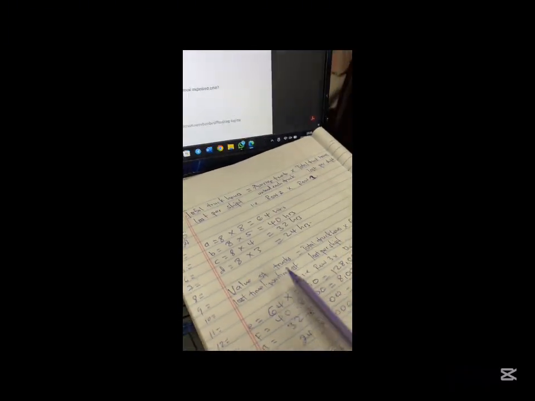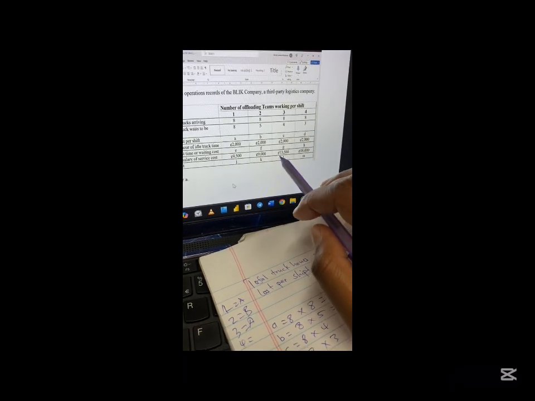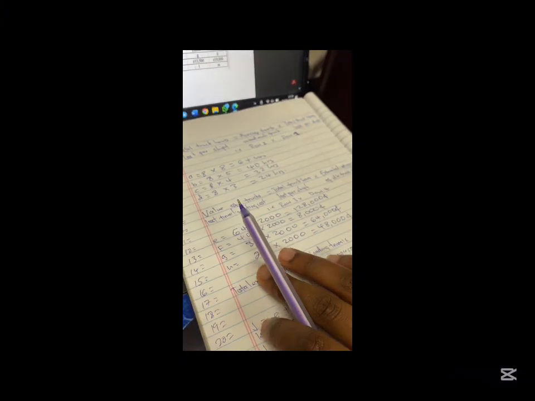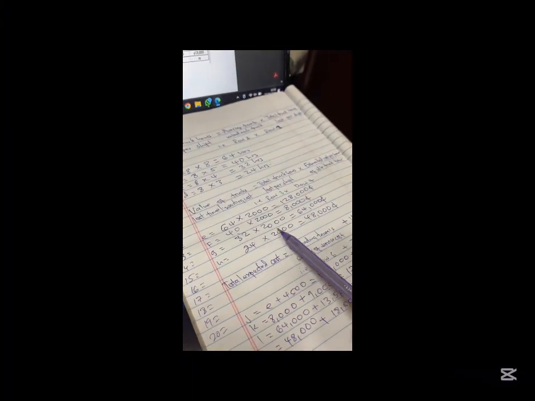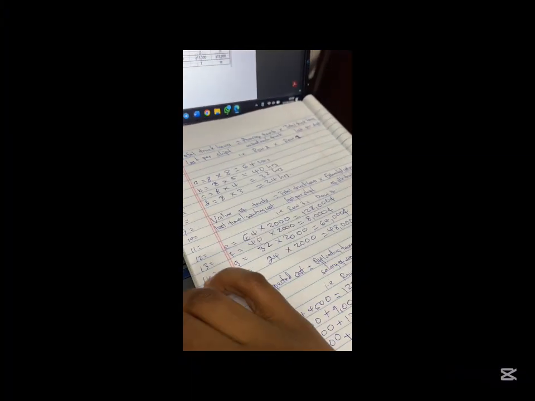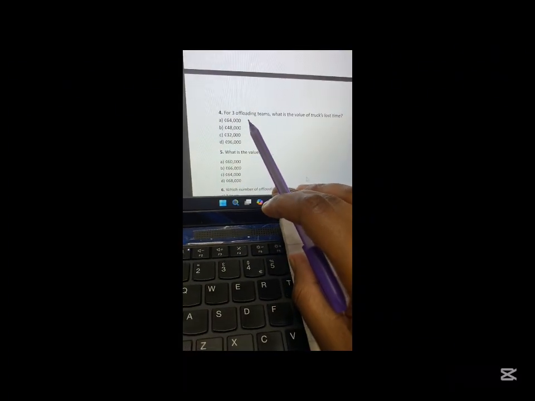For 3 teams, it was value G, and we already calculated G, which is 64,000. So back to the question, 64,000 is option A.